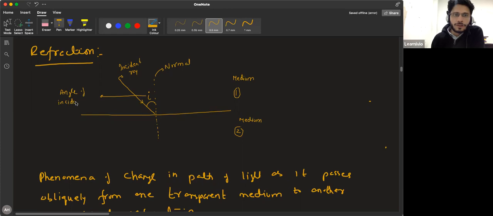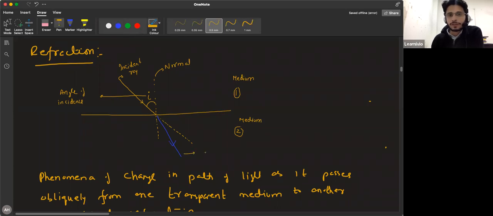When light rays travel from one medium to another, its path changes. Earlier this was the direction, the ray should travel in this direction. But due to change in medium, its path will change. Now it will travel in this direction. This change in path of light is known as refraction.